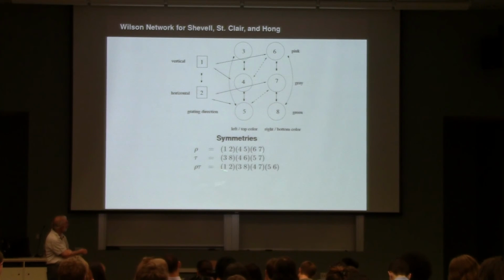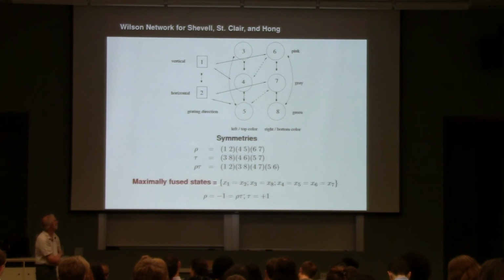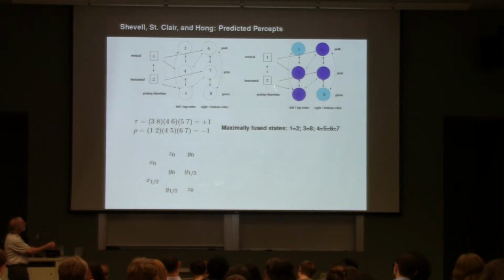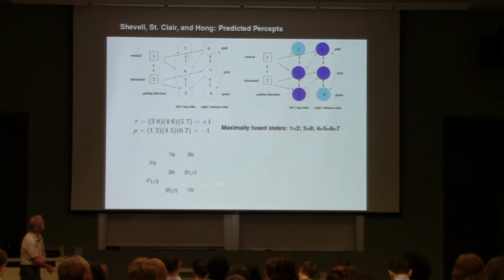Similarly, rho tau must act non-trivially to get a non-fused state, and therefore tau must act trivially. Well, the maximally fused state is going to be 1 equals 2, 3 equals 8, 4 equals 6, 5 equals 7, and 4 equals 5. And the colors code the maximally fused state in here.